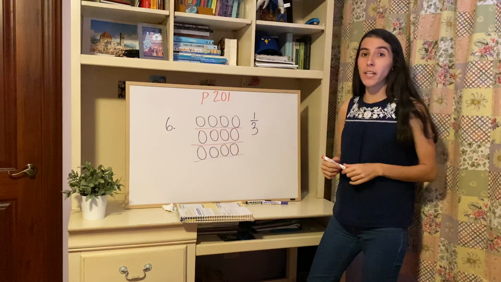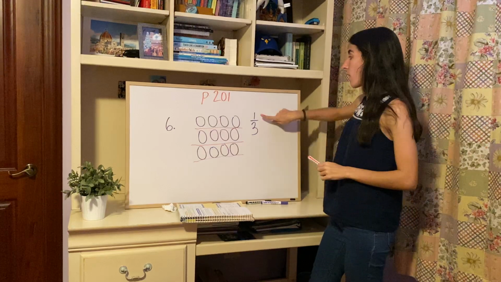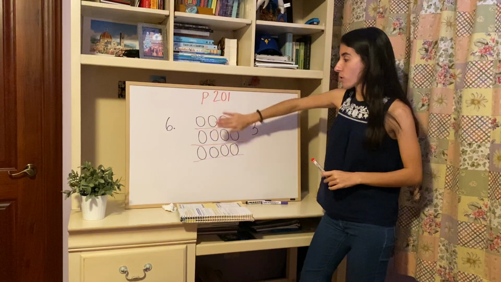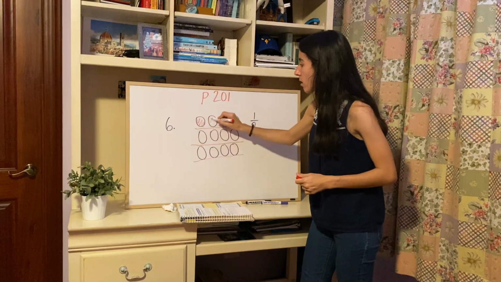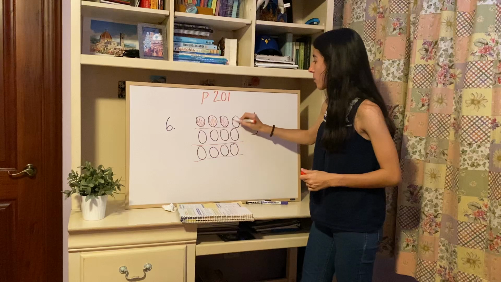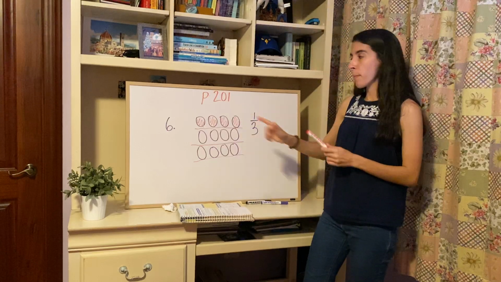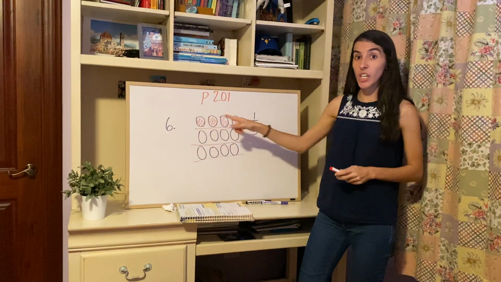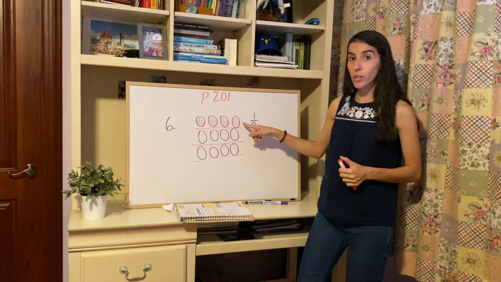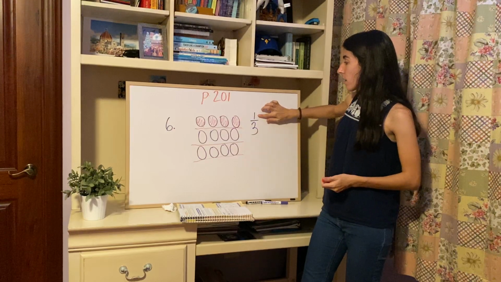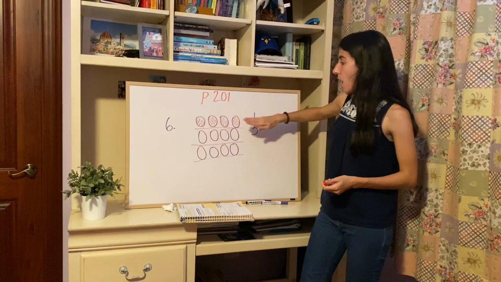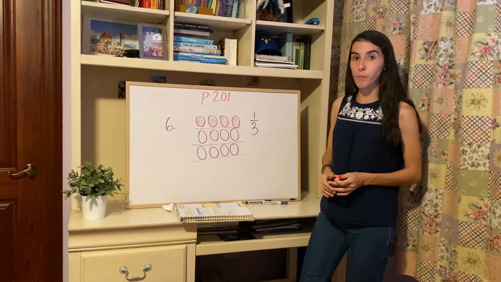They just want me to color or shade one of those 3. So I'm going to go ahead and just shade one of those 3. How many have I shaded in? I've shaded in 4 circles because that is one part of those 3 equal groups.